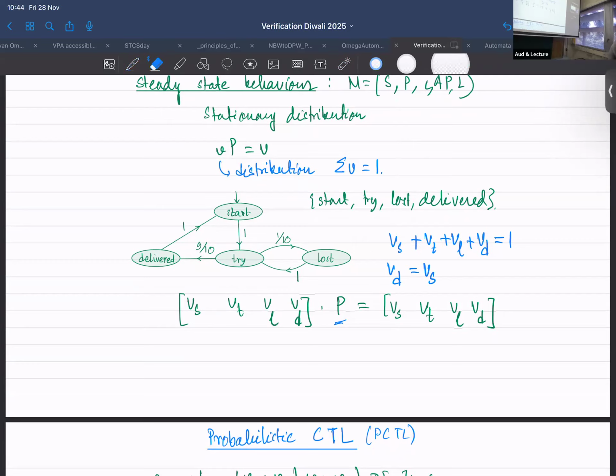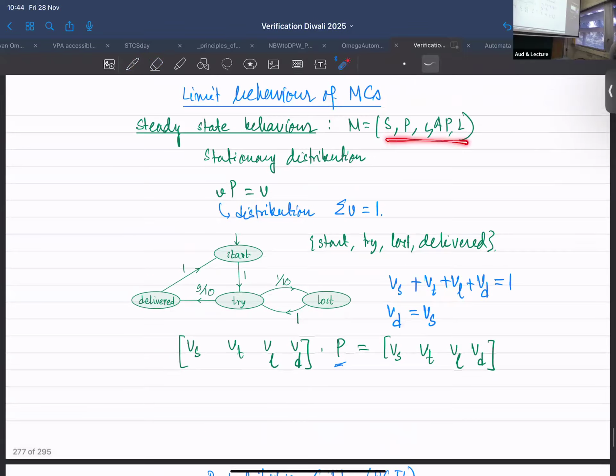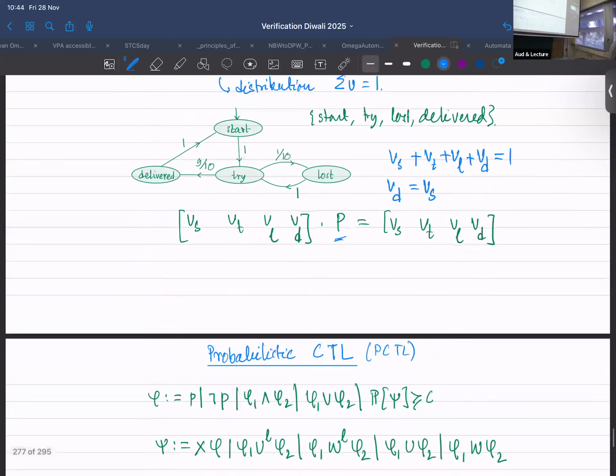I'm just trying to write the P. The Markov chain is already given, and in order to write the P, I'm writing these things. From this you can write the P in a matrix form, but I find it easier to write it this way.